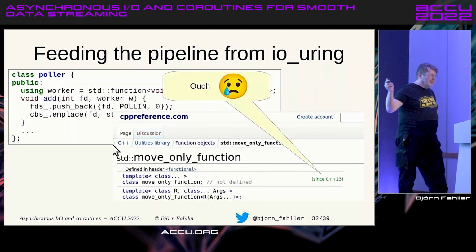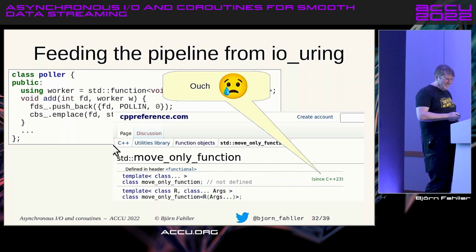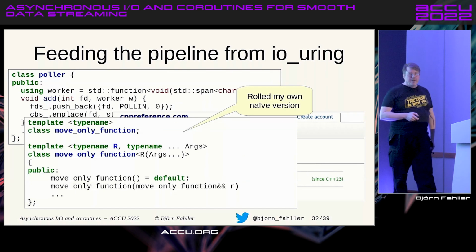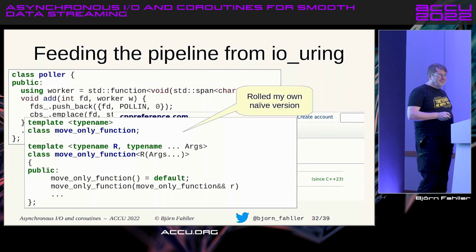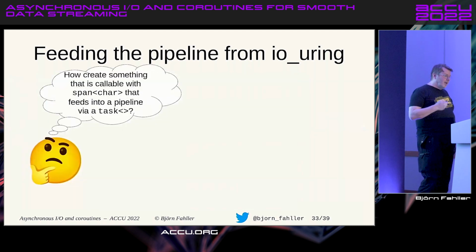We can use that instead. Anyone have a time machine? I wrote my own. It's super naive, but it works. And with that, we can use move only function instead. And then we can go on.